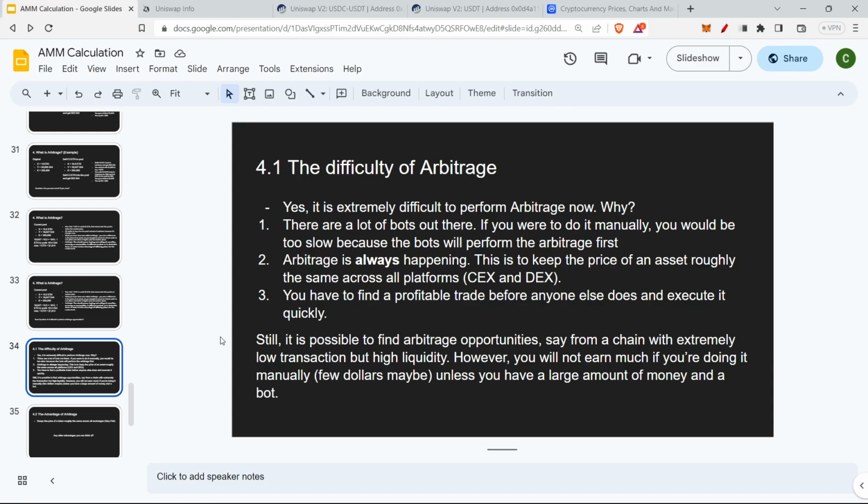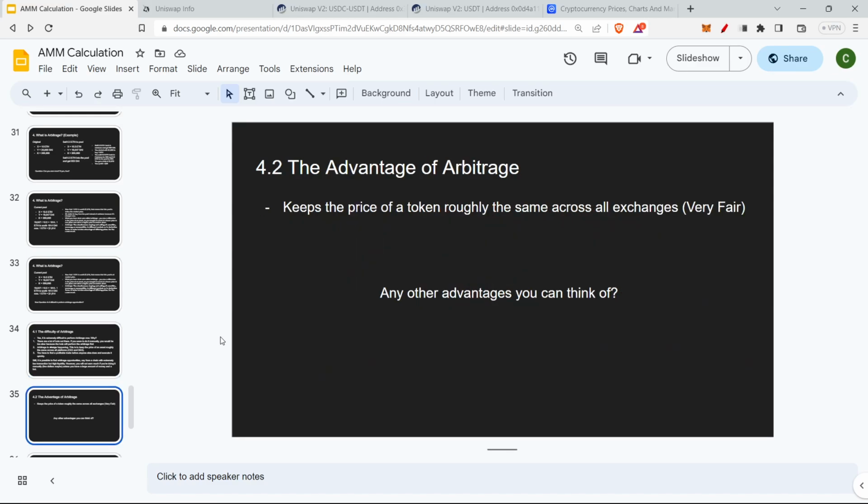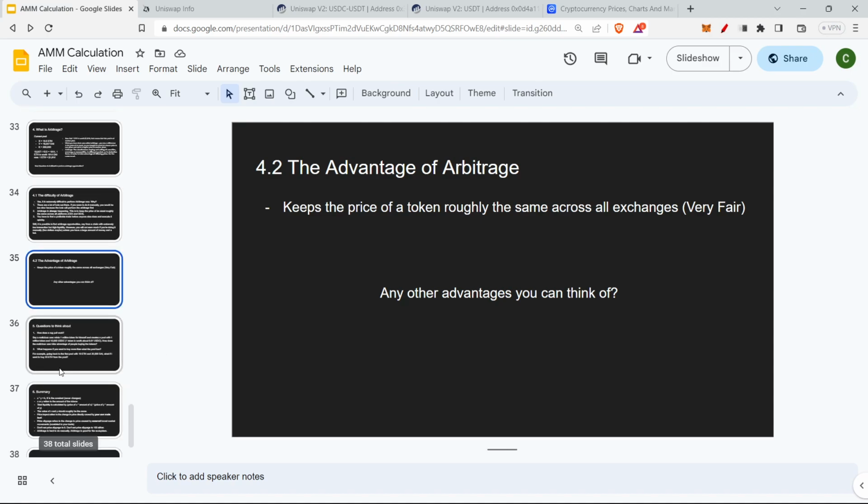However, you will not earn much money if you are doing it manually with a small sum of money. You have to have a large amount of money and a bot to successfully perform arbitrage and actually gain profits. This is the advantage of arbitrage, which is to keep the price of a token roughly the same. Are there any other advantages that you can think of?